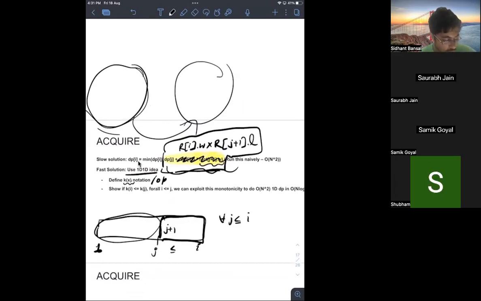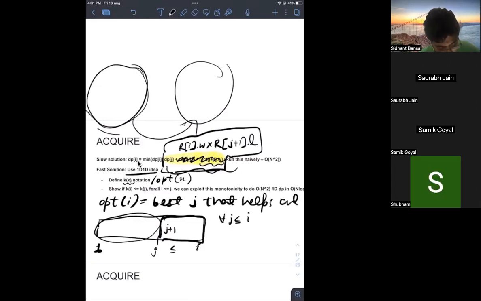So opt of i is basically the best j that helps cut for DPI. That's the definition of opt, right?